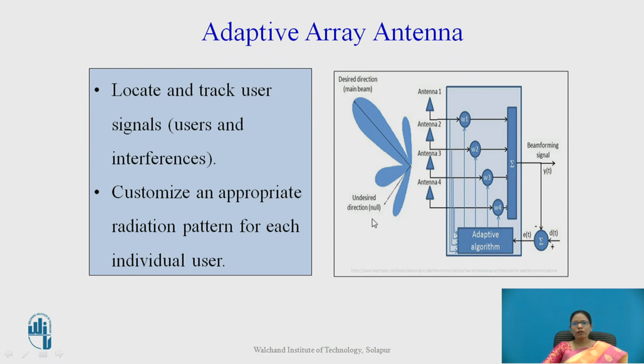This is the adaptive array antenna system. So it can locate and track the user signals, that is users as well as interferences. It can customize an appropriate radiation pattern for each individual user. So for each user, it can create or customize the radiation pattern.